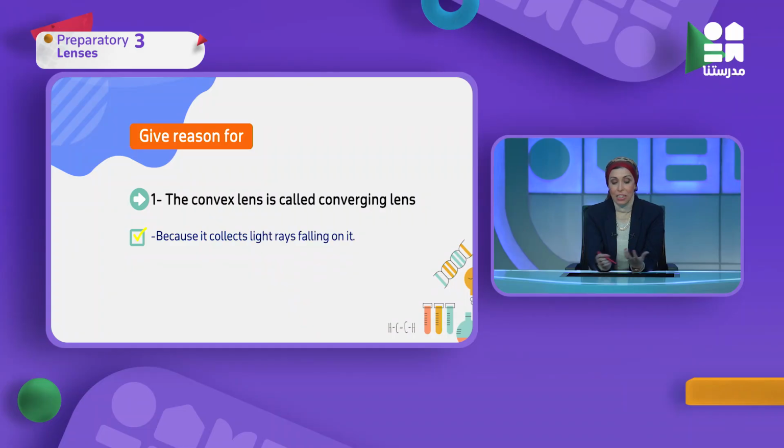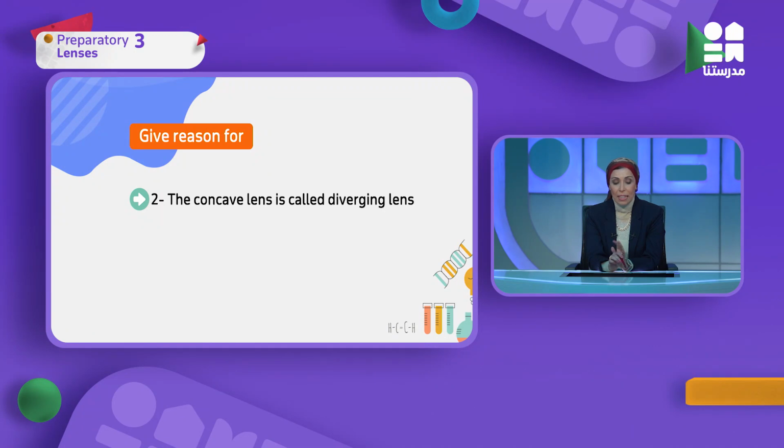Because the convex lens collects the rays that fall on it. Let's see how. If I draw this shape of lens and then parallel rays falling on it, we'll see how the refraction happens. The rays will bend and then be collected in a point called the focus. As we said before, the point where the rays collect, whether reflecting or refracting, is called the focus. So the answer is easy: because the lens collects the light rays that fall on it.